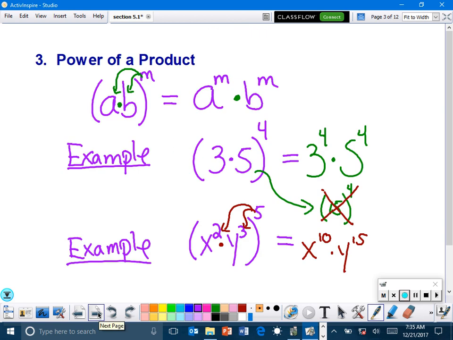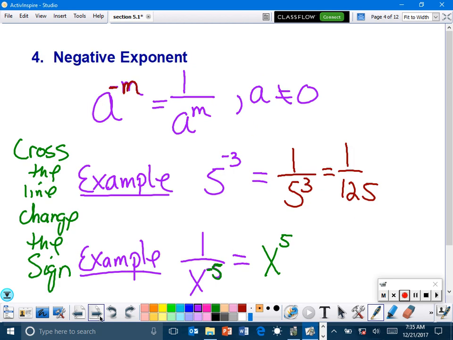Power of a product, we've got two bases with a times sign in between. That exponent goes to all the bases. And if there's exponents, like down here, x squared, y to the third, we multiply the exponents together. So 5 times 2, and then 5 times 3.